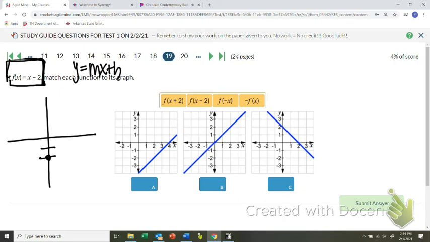So up 1, over 1, up 1, over 1. Now, right now, this black graph that I've drawn crosses at 2 on the x-axis. Do you agree? All right, this first graph that I have crosses where? At 4. So from 2 to 4, I moved how many units and in which direction?